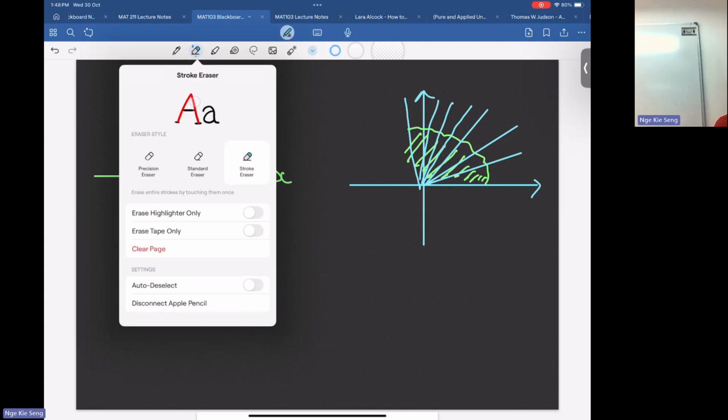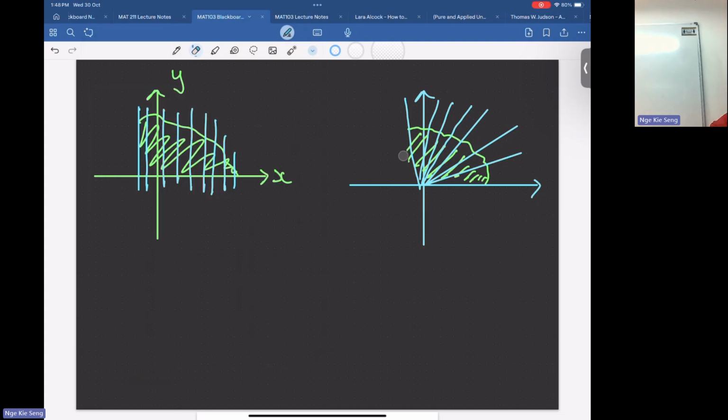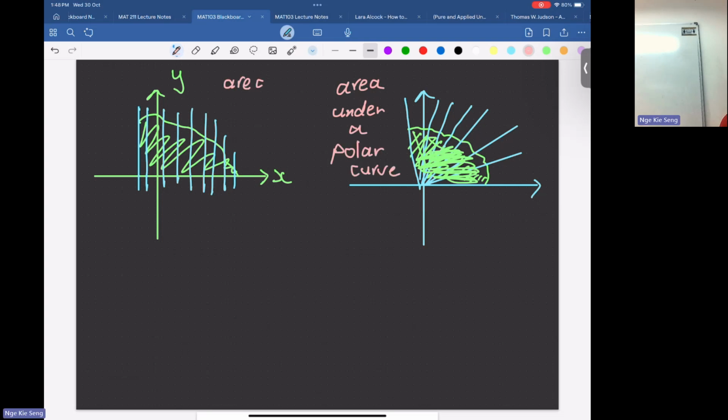So let's remove some of this. Okay, here. So indeed we get this kind of picture. This is different. Let me draw down here: this is area under a polar curve, and on one side we have area under an xy curve.